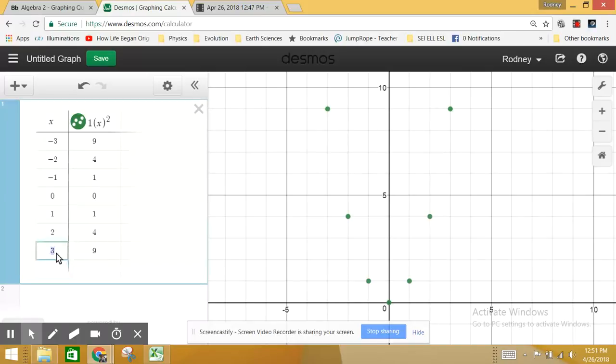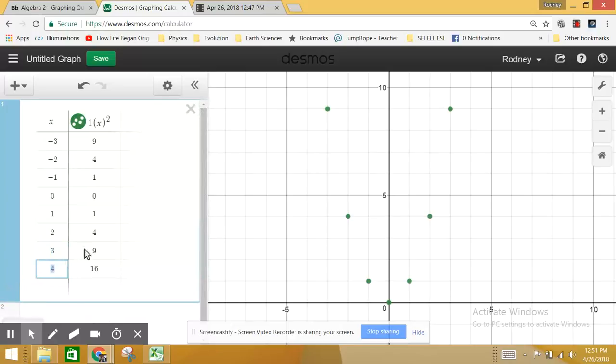If I go to 4, from 9 to 16, so I went 1, 3, 5, 7 is the next step. Notice that I'm going up by odd numbers, the next odd number. I'm going a sequence of odd numbers.